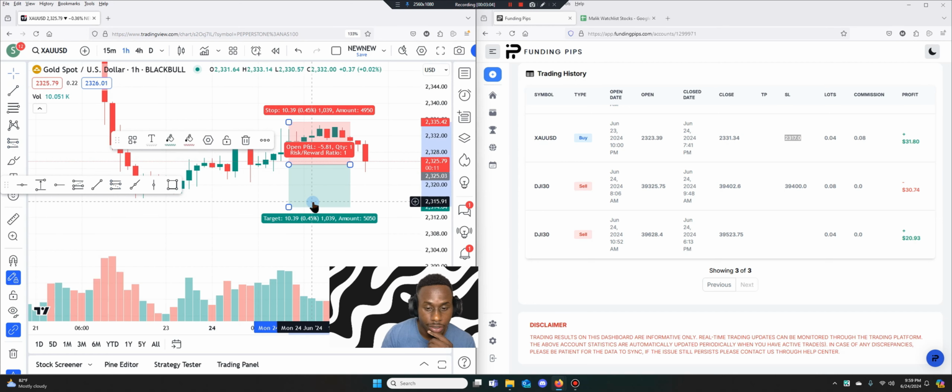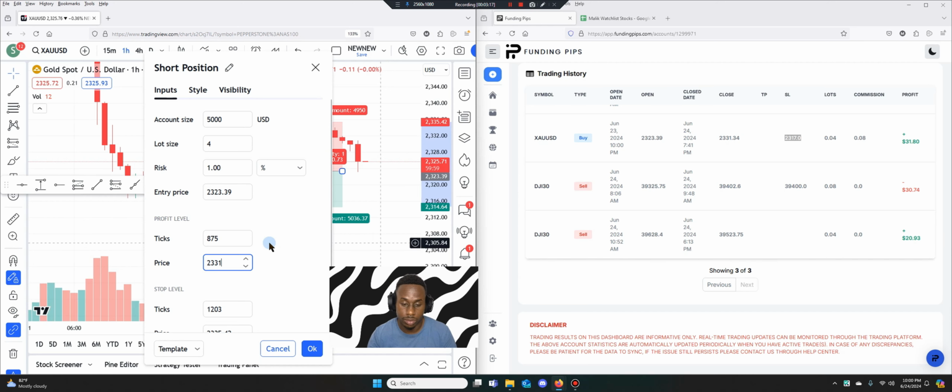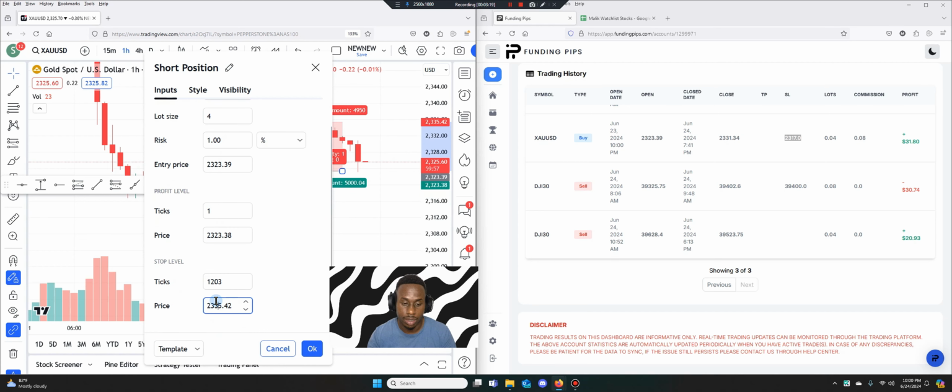I'll show you here. I entered at 2323.39. You can obviously see all the trades here. I had a stop loss at 2331, then I took profit here, and then I had a stop loss at 2317.